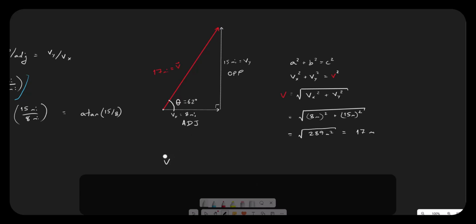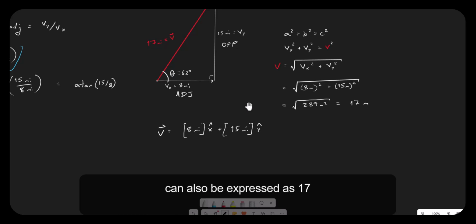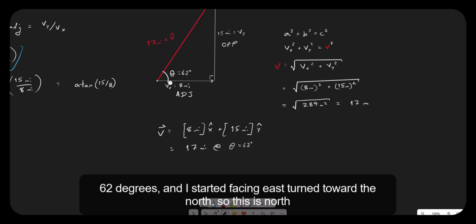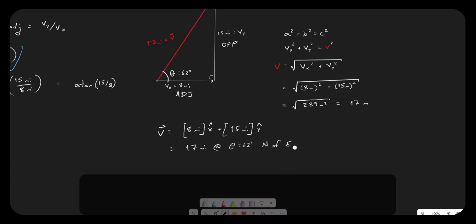So my vector, which was given as 8 miles x and 15 miles y, can also be expressed as 17 miles at theta equals 62 degrees, and I started facing east, turned toward the north, so this is north of east.